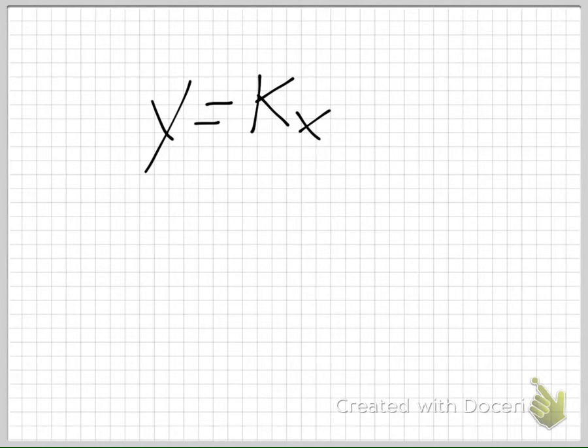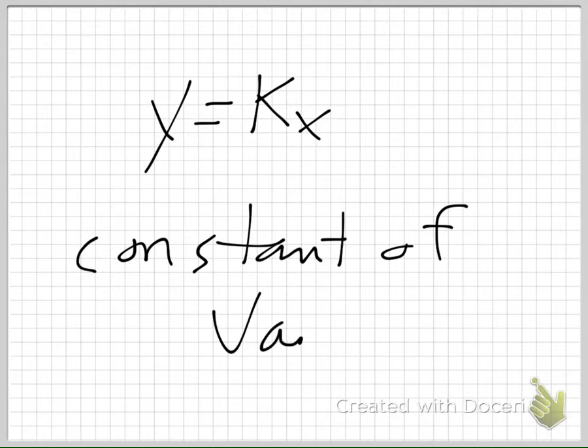Here's the deal, just very briefly. You know what the difference is between the constant of variation and slope? Nothing.